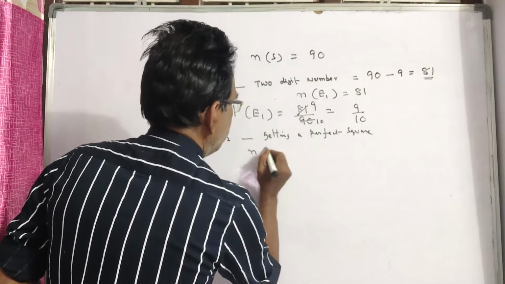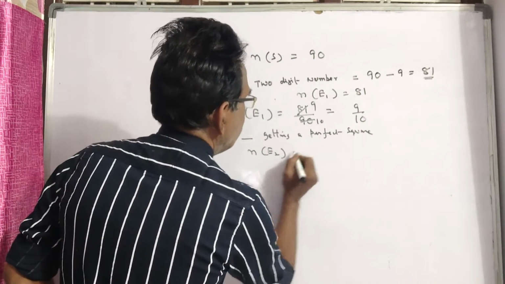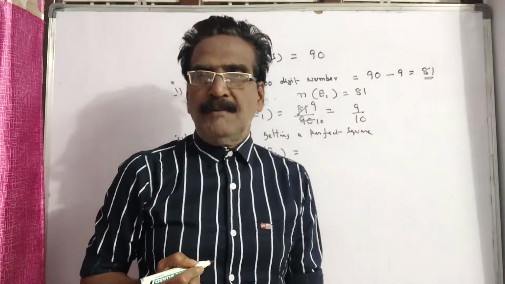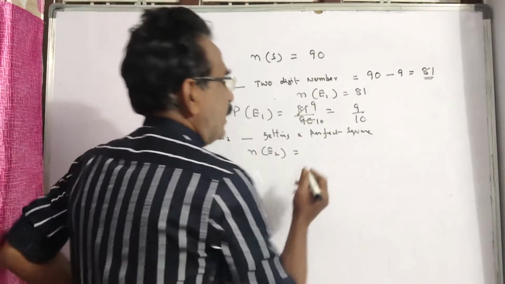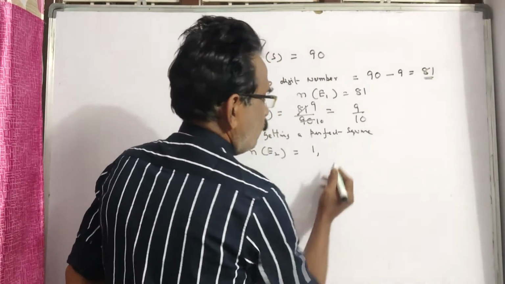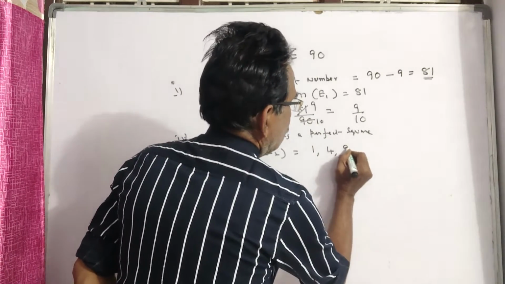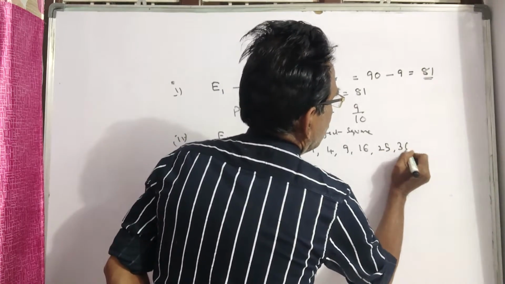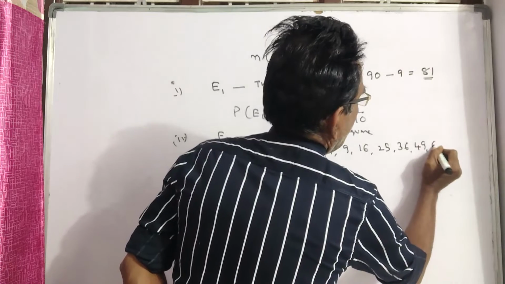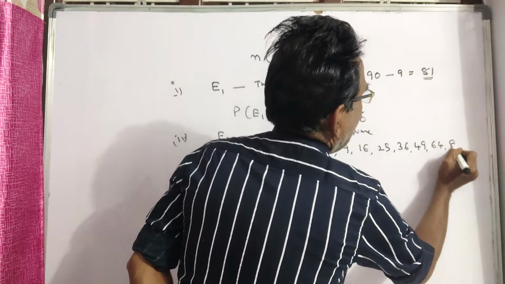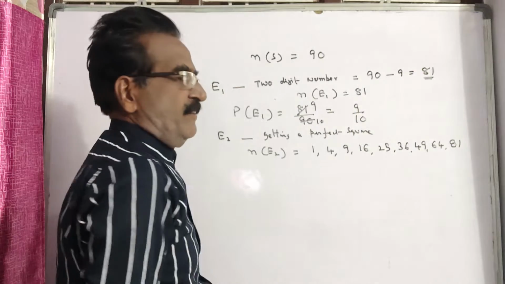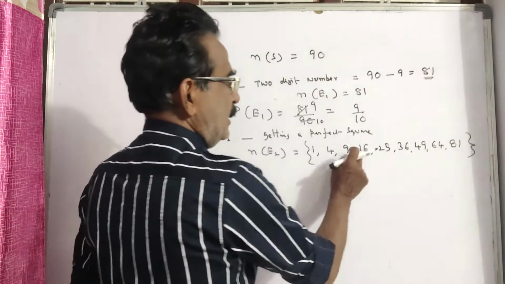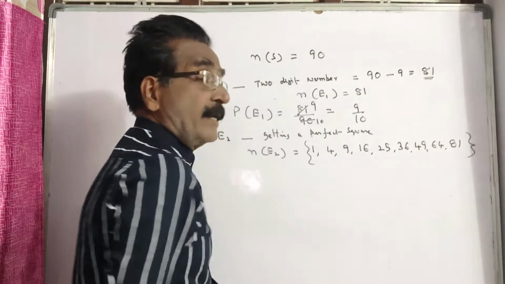Then n of E2. How many perfect squares are there? That is favorable outcomes. 1 square, 2 square, 3 square, 4 square, 5 square, 6 square, 7 square, 8 square, and 9 square, which is 81. So how many outcomes are favorable? 9 outcomes.